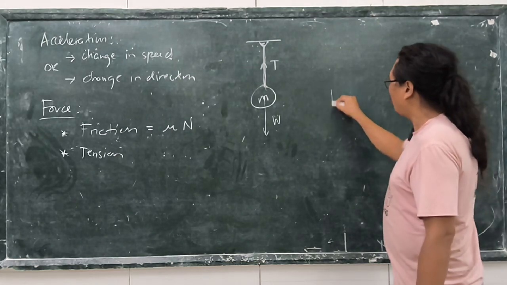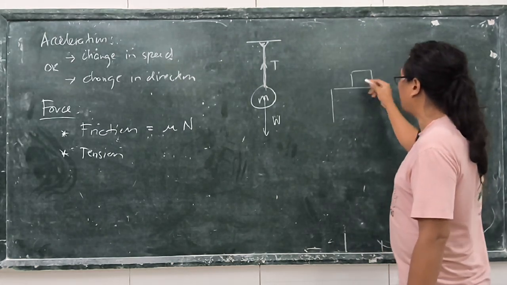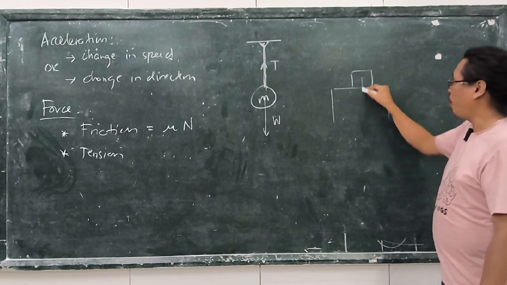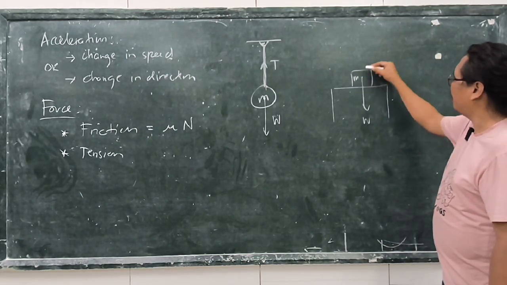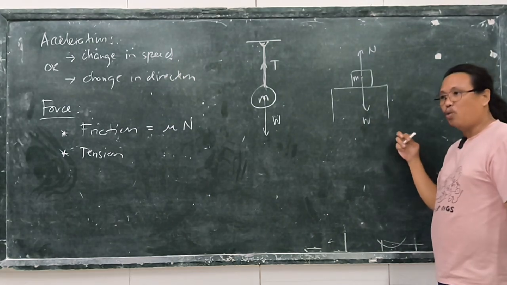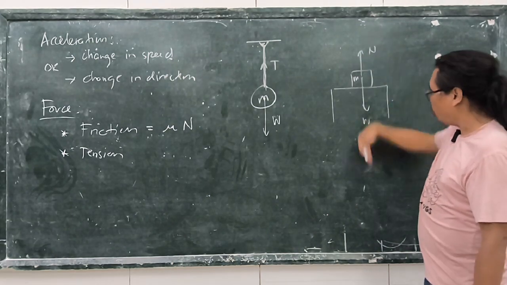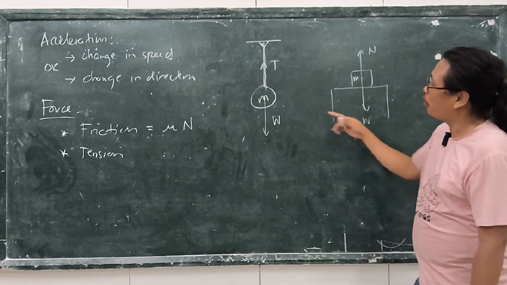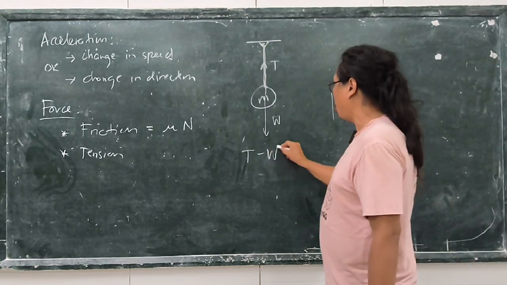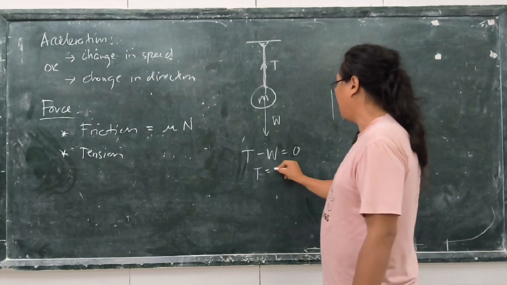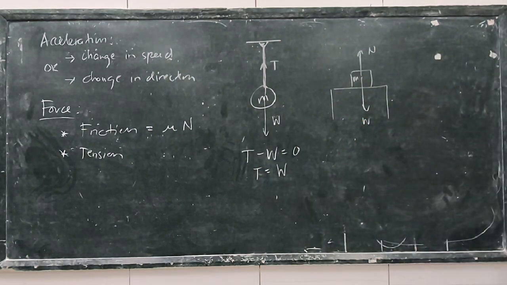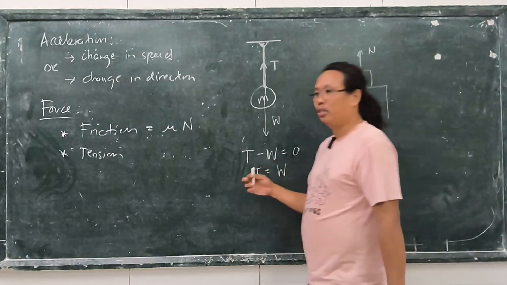Just like the normal force, which is the reaction of the surface. Here you have weight, and there's a normal force in order to oppose the weight. If there were no force there, it would collapse, right? So it pushes back to keep it in balance. So, in this case, T minus the weight equals 0, right? So, in this case, T is just equal to the weight. Okay? So, this is a very simple tension.